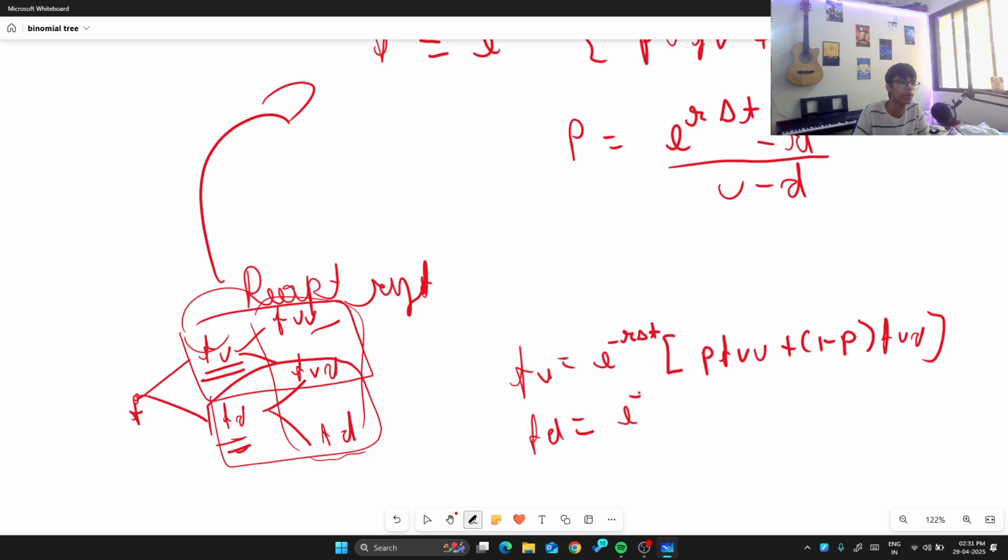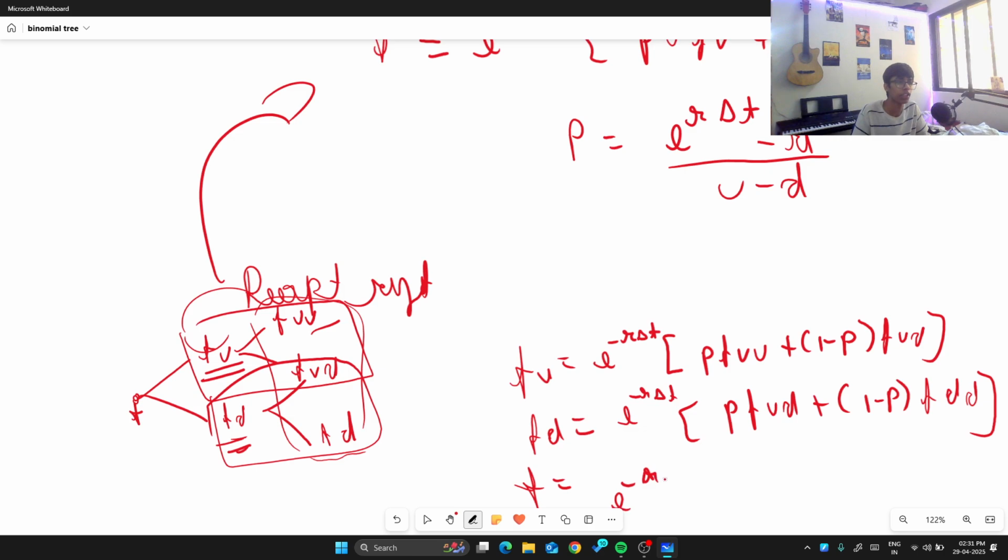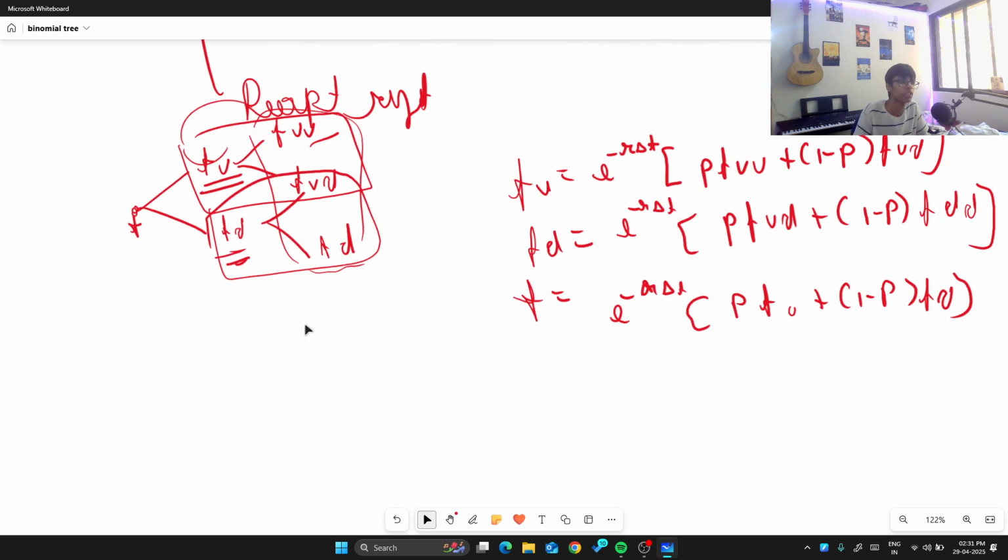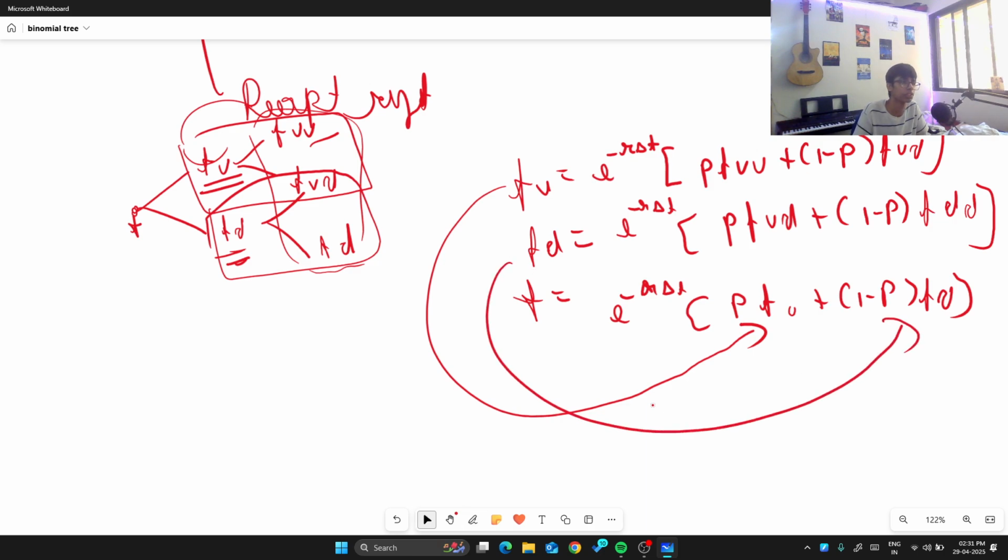That would be e to the minus r delta t, p f_ud plus 1 minus p f_dd. And we already know the f from our earlier equation, p f_u plus 1 minus p f_d, and we will substitute this value of f_u in this equation.